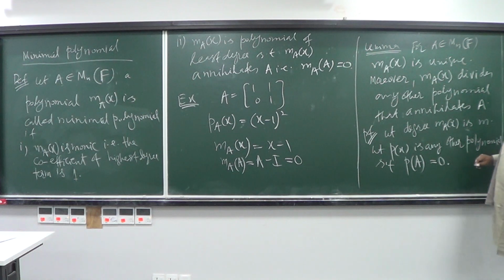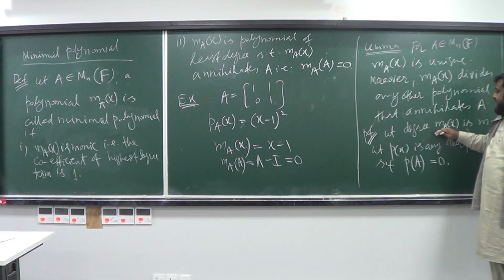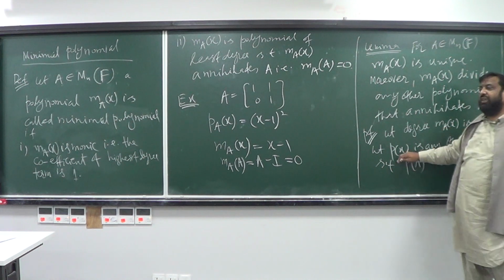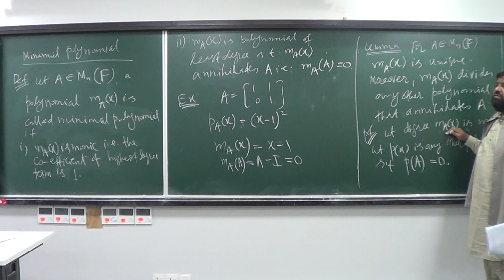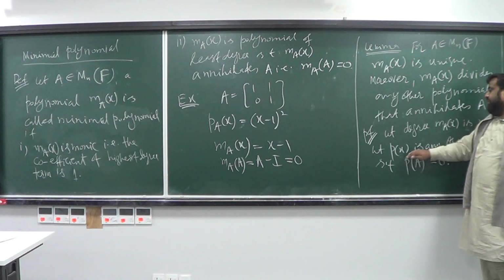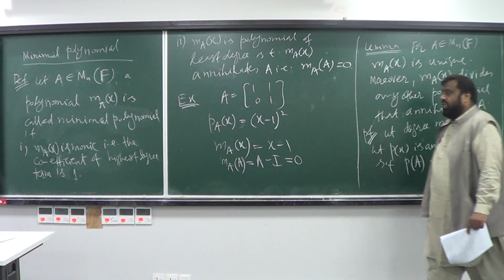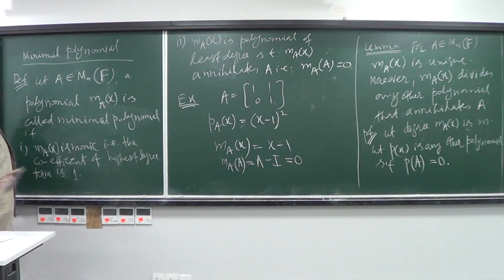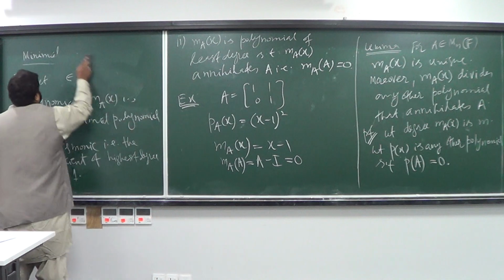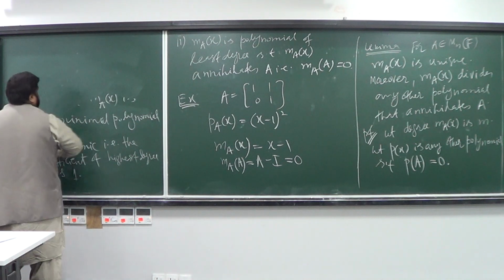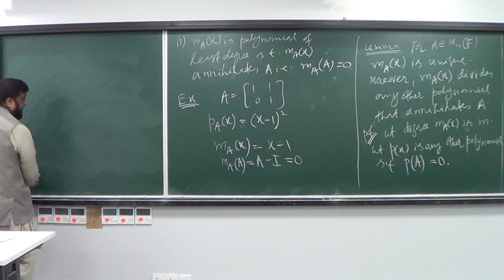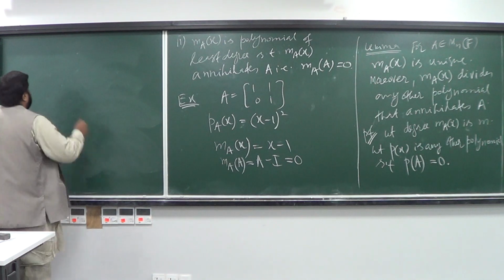Now I can take this polynomial, which has a lesser degree than P of x, and divide P of x by MA of x. When I divide P of x by MA of x, I get a quotient polynomial and a remainder polynomial.